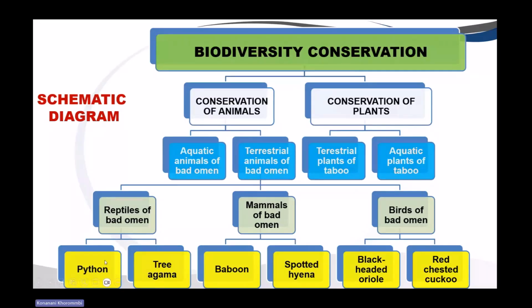Yellow would be a very small section or a paragraph, and the next level would be a subsection, and the next level blue would be a major subsection. A big chapter can be conservation of animals, and a big chapter can be conservation of plants.